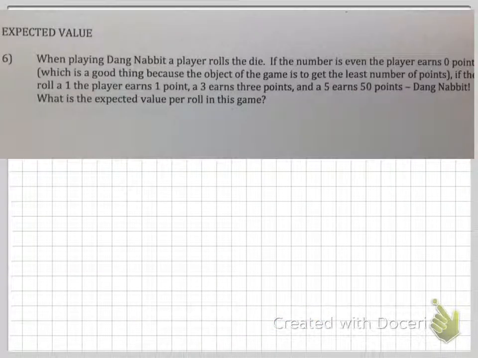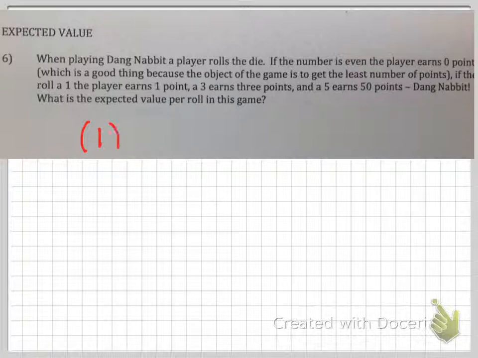Alright, next one, expected value. Some of us are still struggling with expected value. When playing Dang Nabbit, a player rolls the die. If the number is even, the player earns 0 points, which is good because the object of this game is to get the least amount of points possible. If they roll a 1, they earn 1 point, a 3 earns 3 points, and a 5 earns 50 points. And getting a 5, that is the Dang Nabbit. What is the expected value per roll in this game? Well, we take the outcome.